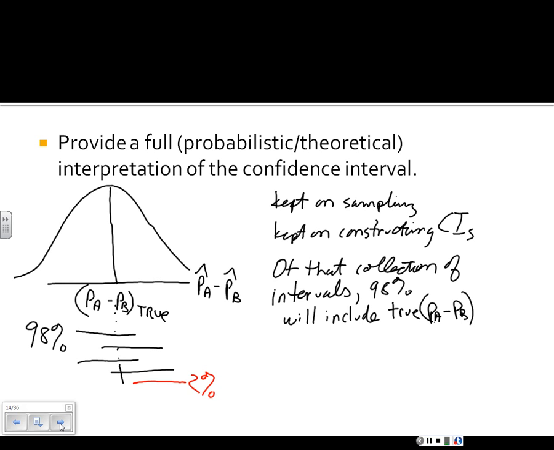It's a trade-off. You'd like to always include it, but then your interval would be so wide it didn't make sense. It's like the example I gave earlier in the class with estimating grade point, saying it's 2 plus or minus 2. That doesn't do you any good in terms of estimation, so you have to give up some certainty in order to get a meaningful interval.